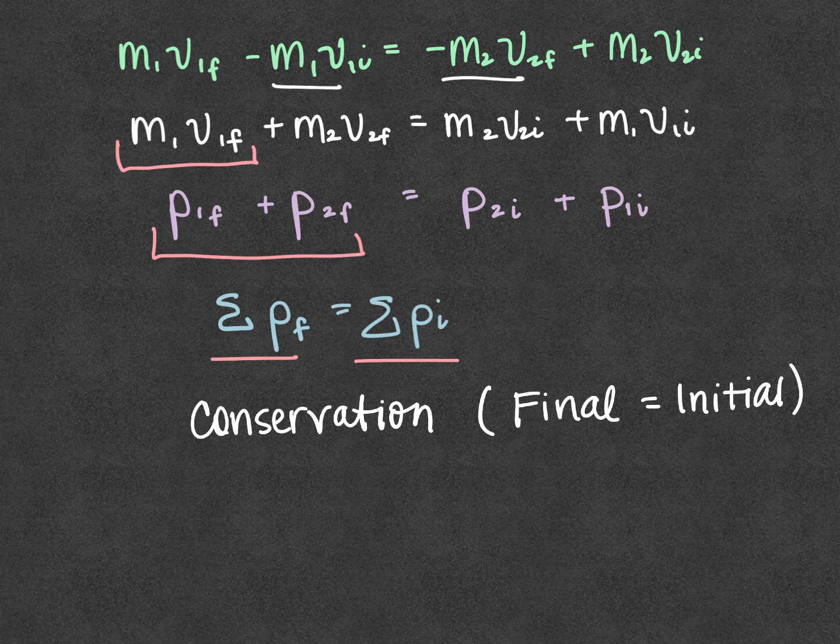And in this case, since that conservation is applied to momentum, this is the conservation of momentum. Now, momentum is always conserved in collisions and interactions as long as there are no external forces acting on the system.